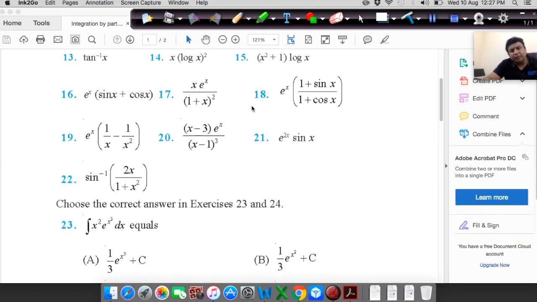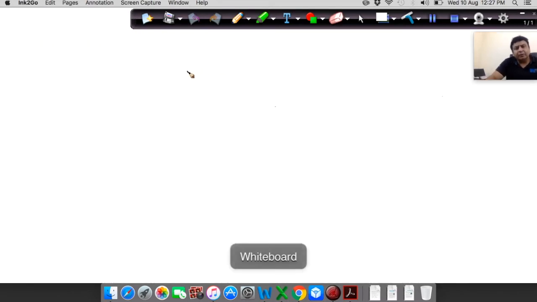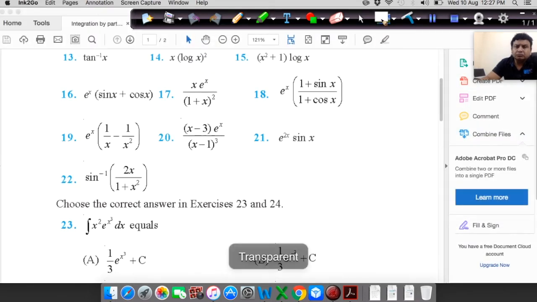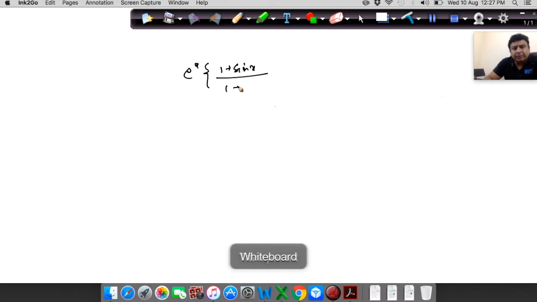So let's talk about 18th now. In 18th sum, e to the power x (1 plus sin x) upon 1 plus cos x.